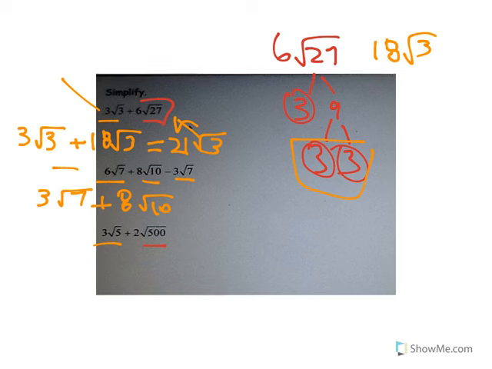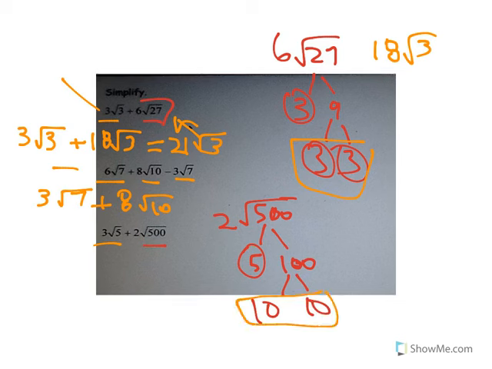This one here is a little bit more complicated, but again, it's the same rule here. I'm going to go ahead and figure out what 2 radical 500 is going to be. And I'm going to do this the simplest way for me. That's simplified, and that's just 10 and 10. And once I get to that point, I realize that I got a pair of numbers here I can pull out.